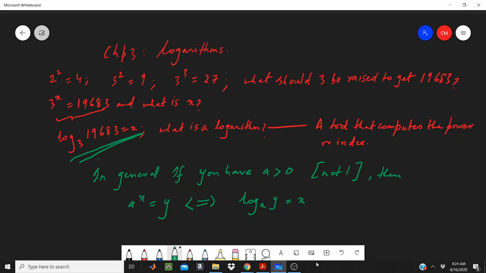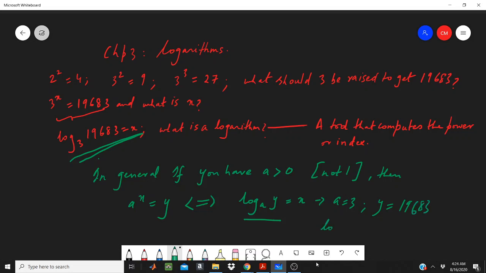If you look at this and if you look at this, what you see is that in the previous case a was 3 and y was 19683. If you can't see that, let me just write it here. a equals 3 and y equals 19683.